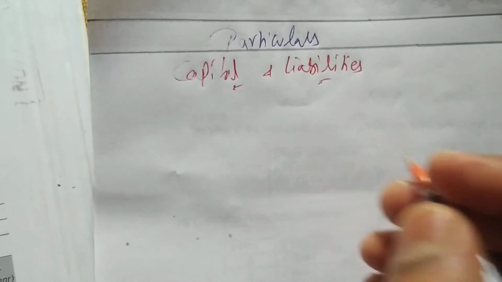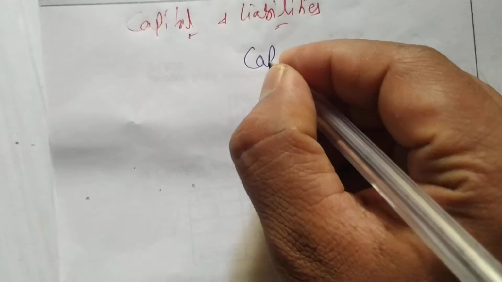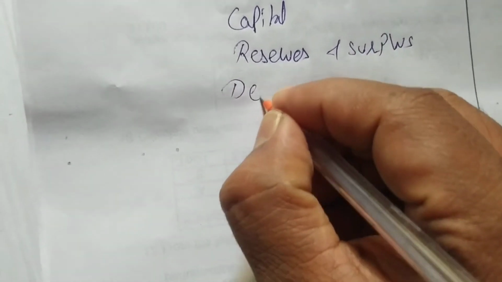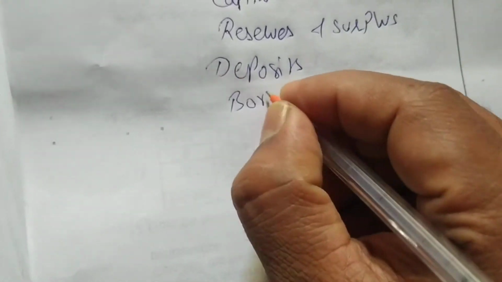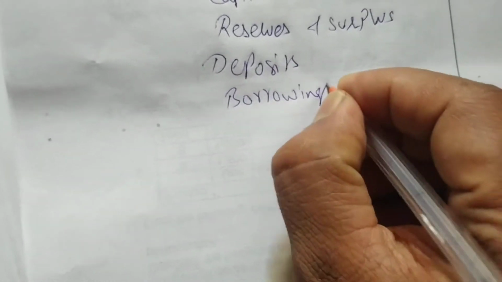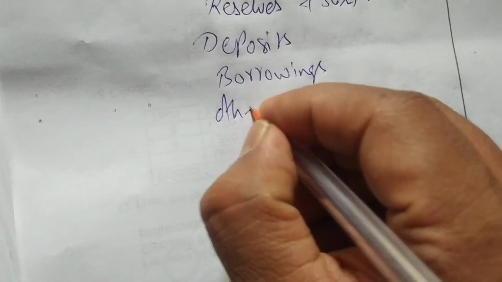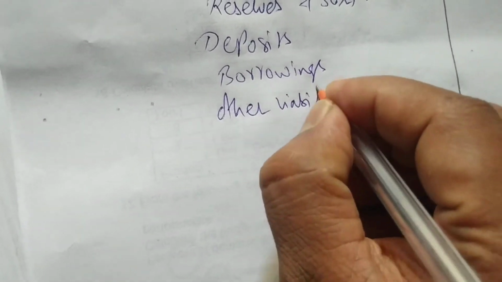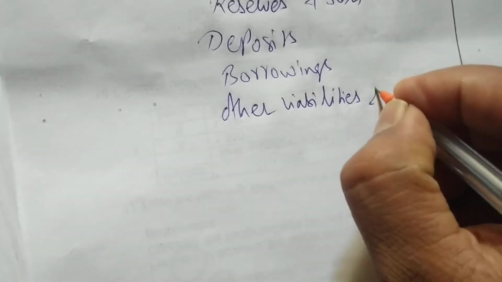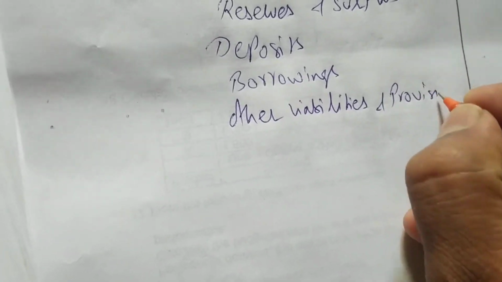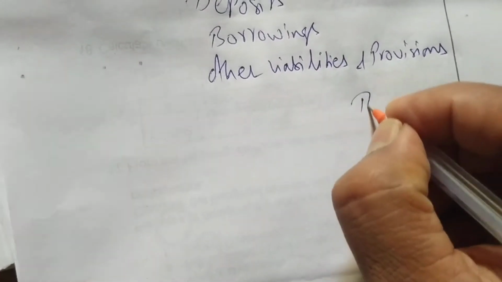In this first we are having capital, next reserves and surplus, after that deposits, borrowings, after that other liabilities and provisions, then we do the total, then we write assets.